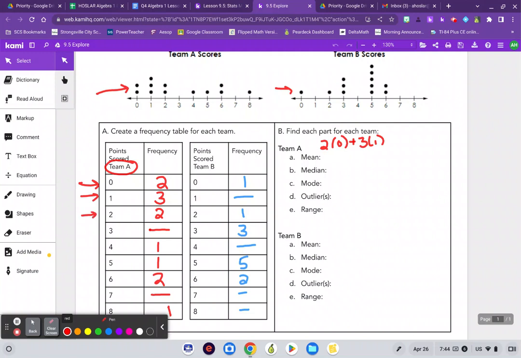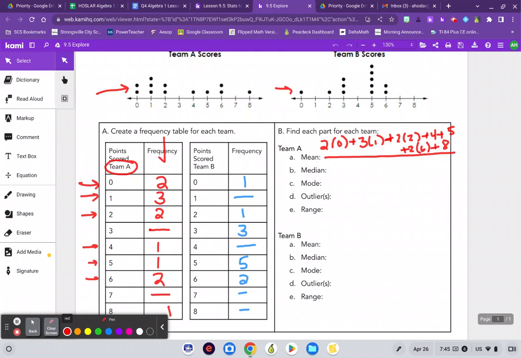There were 2 games where they scored 2 goals. I'm not going to include the 3, but there was 1 game where they scored 4, 1 game where they scored 5, and 2 games where they scored 6. There was no 7, and there was 1 game where they scored 8.